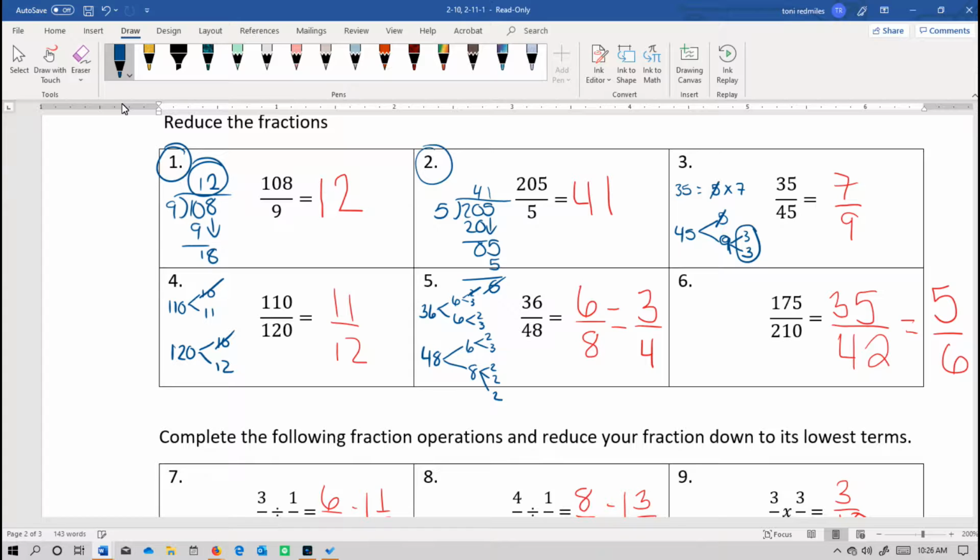I can cancel out a 2 in both trees, another 2 in both trees, and a 3 in both trees. Right, that only leaves me with this one left in my 36, and on this one I have 2 2s left, which if I multiply is a 4. So my answer is 3 over 4.